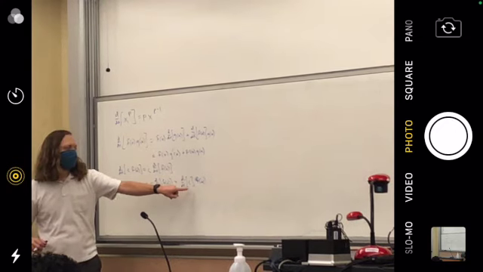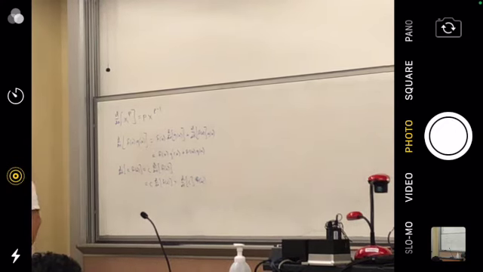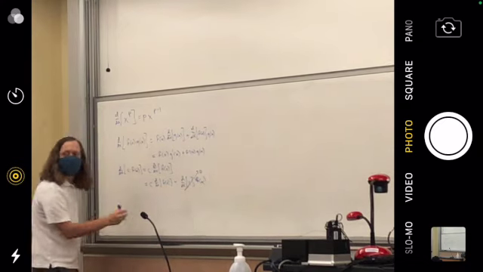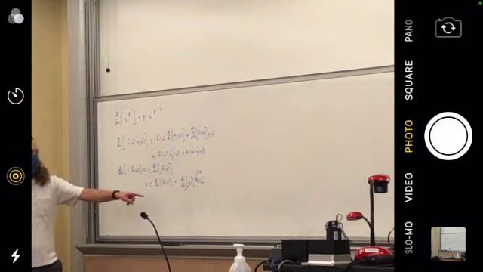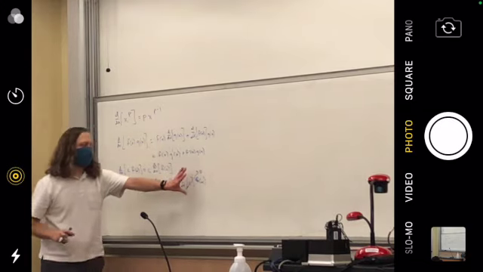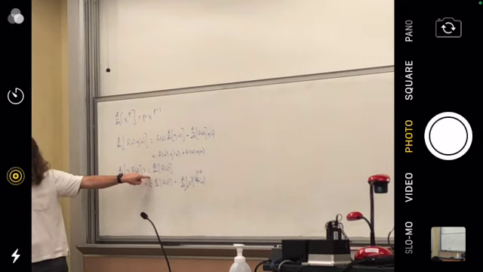Why did I not bother writing this piece? What's the derivative of a constant c? 0. Must be 0. There's no x here. So this is 0 times f of x. I get 0. All of that part goes away, and I only need this.